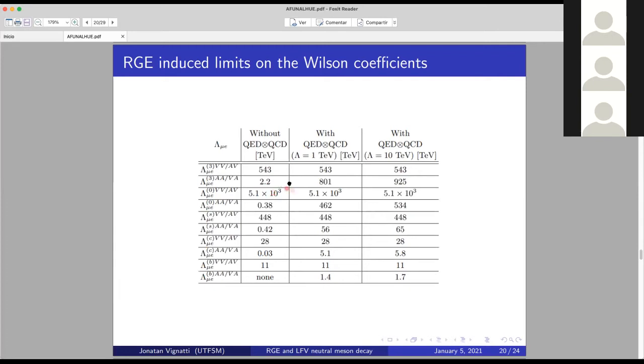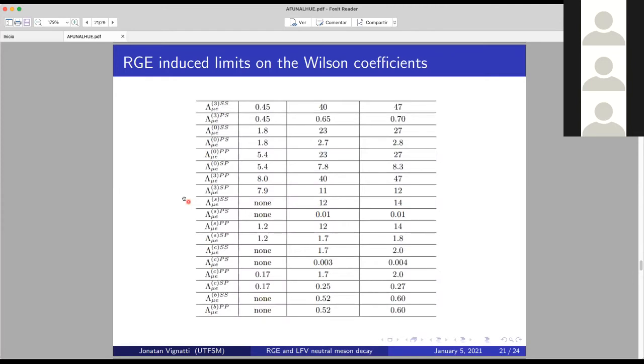So one can see these improve by about 3 orders of magnitude, because these two are mixing through operator mixing that comes from all the matrices that are not diagonal.